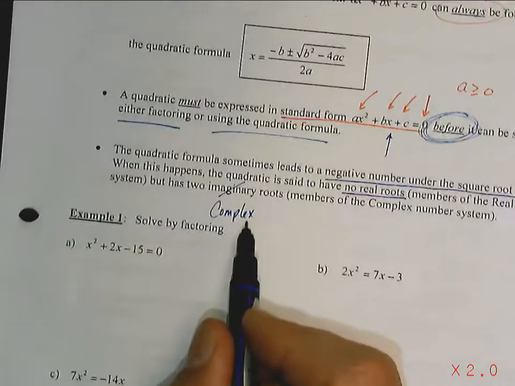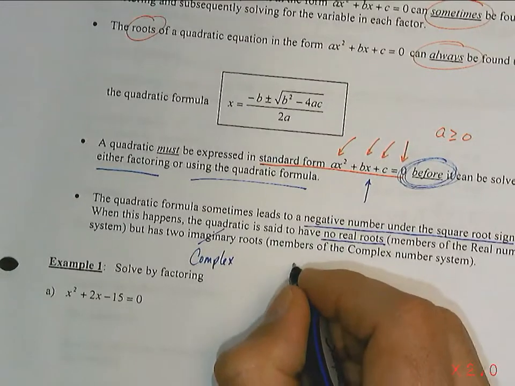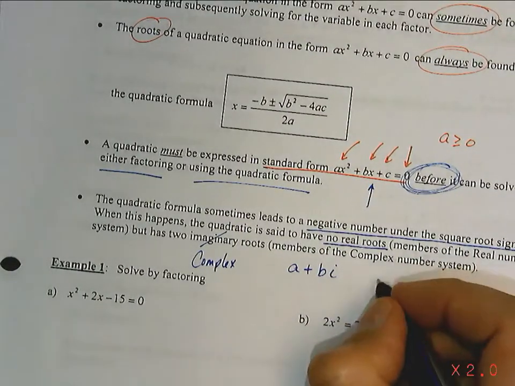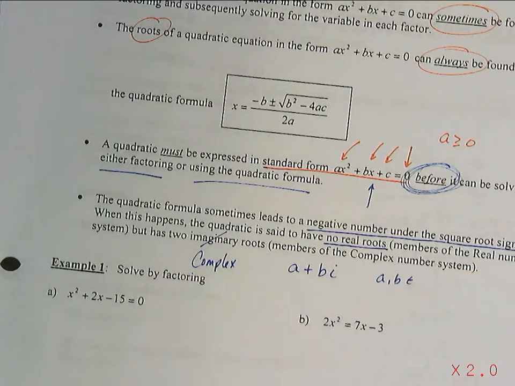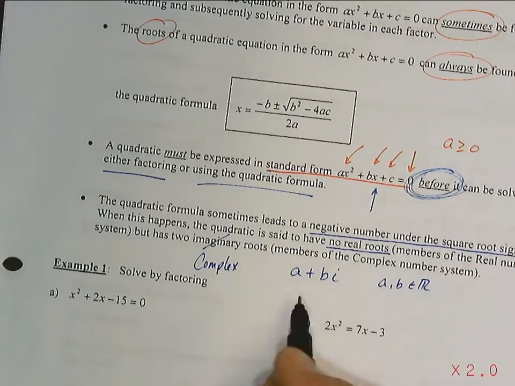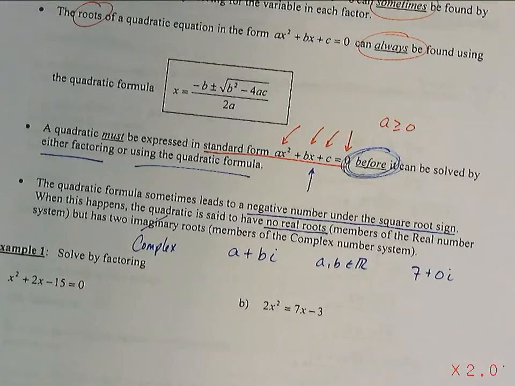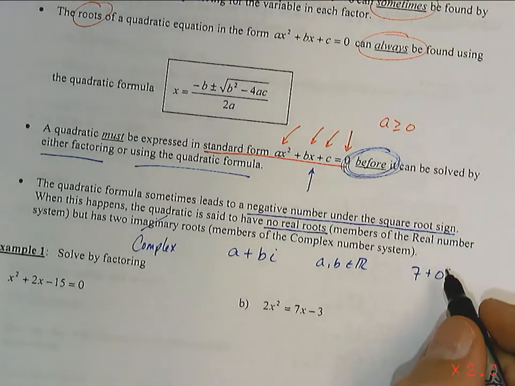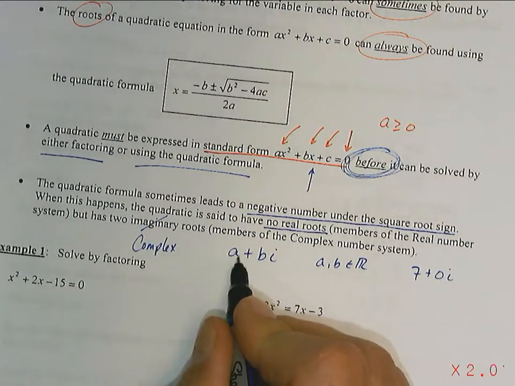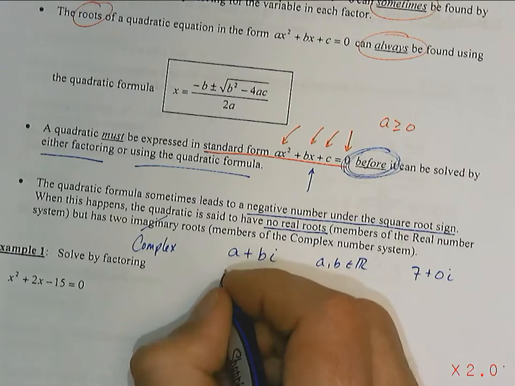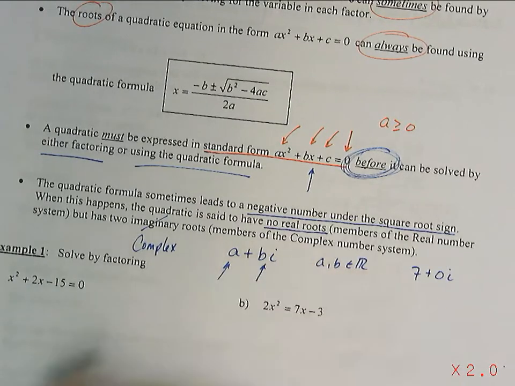The difference here, just before I go on, a complex number, as we've discussed in class, is any number in that form where a and b are elements of the real number system. So following that, the number 7 is a complex number, 7 plus 0i. Now, an imaginary number is one that has only this part to it, okay? So this has a real number part, and this has an imaginary part.